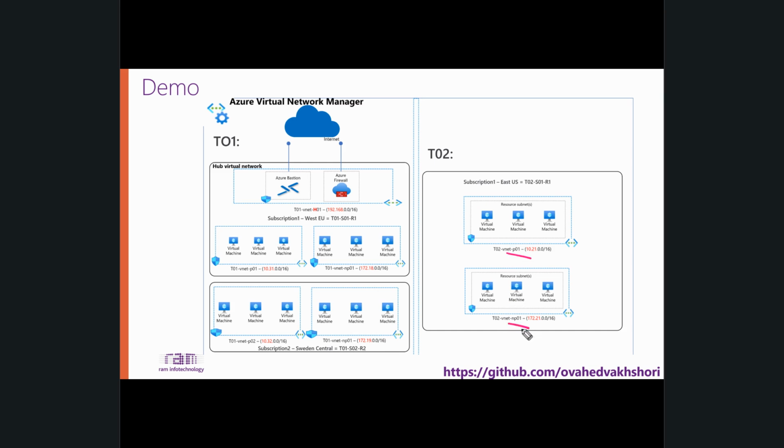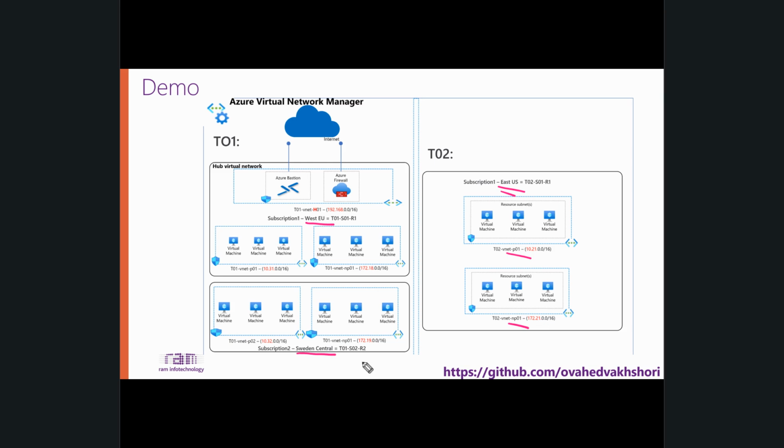For example, our first subscription in T2, our second tenant, is going to be deployed in East US. On the other hand, the other subscriptions in the first tenant are going to be deployed in different regions in Europe.